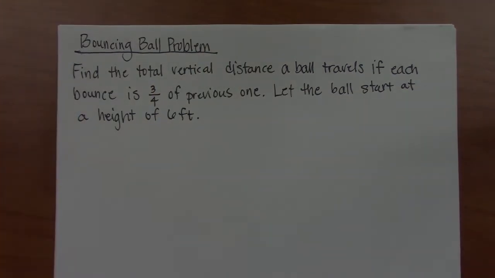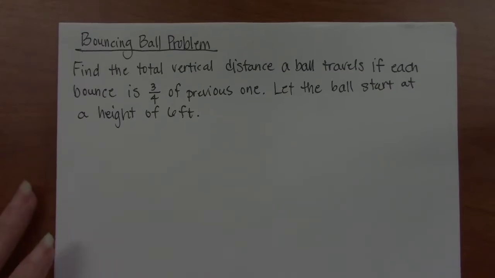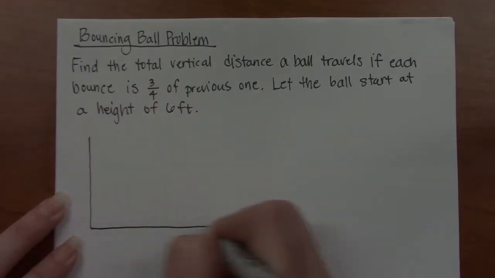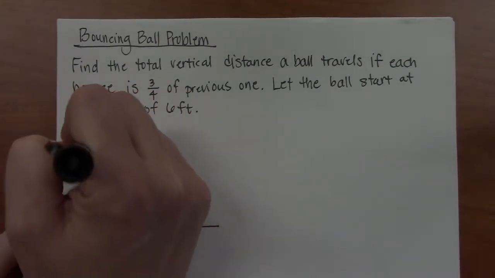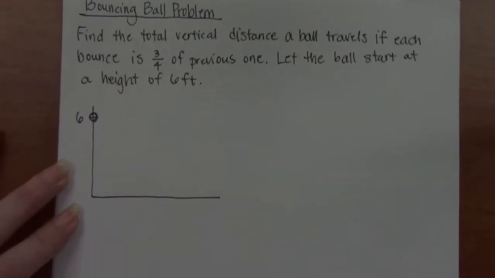So I'm a visual learner, and whenever I'm doing a word problem or anything that's kind of a real-world example, I always recommend that you sketch something just to verify and take a look. If you can do this problem without sketching, I'd be really impressed because there's a little bit of nuance to it, all right? So what's happening here is we have a ball that starts at a height of 6 feet, right?